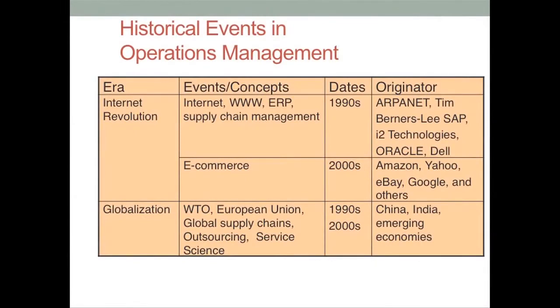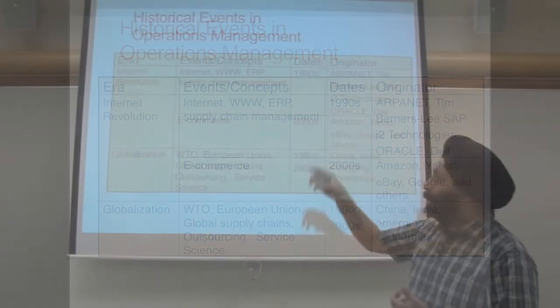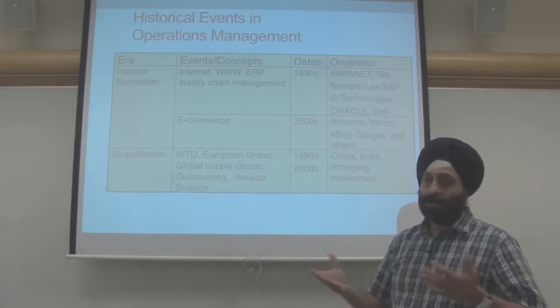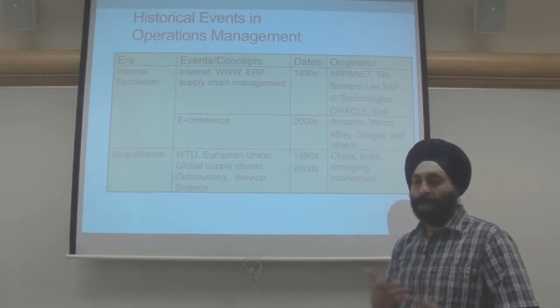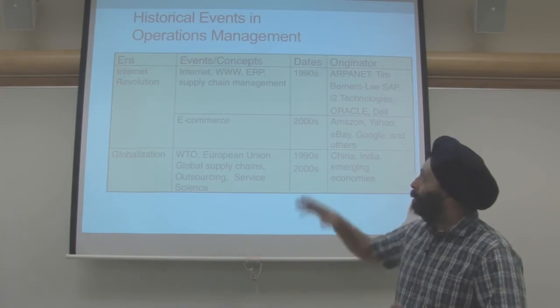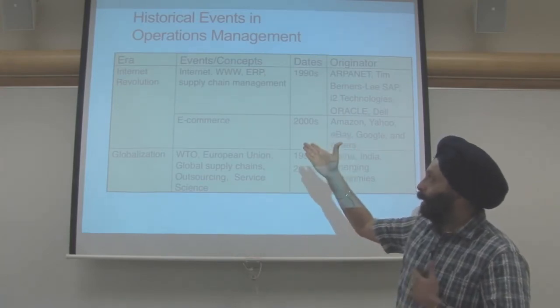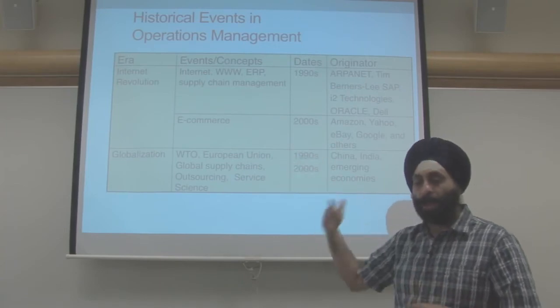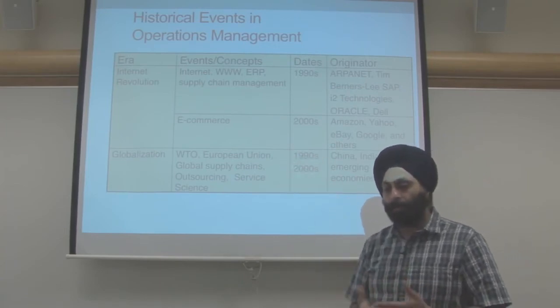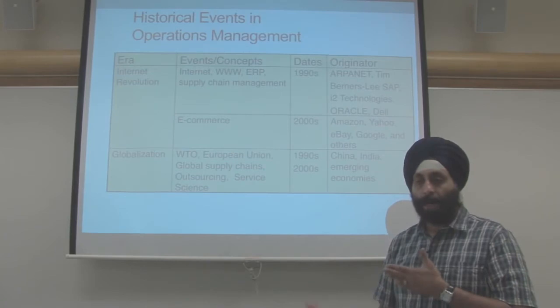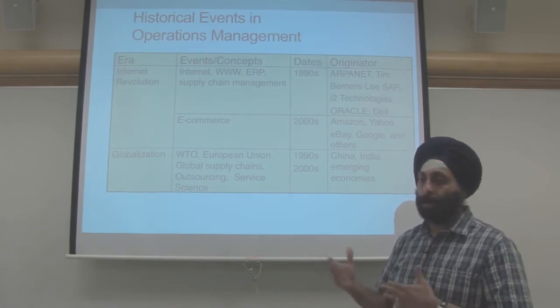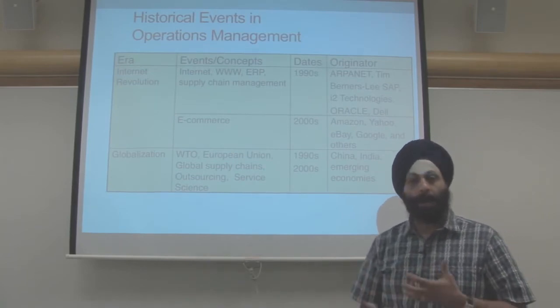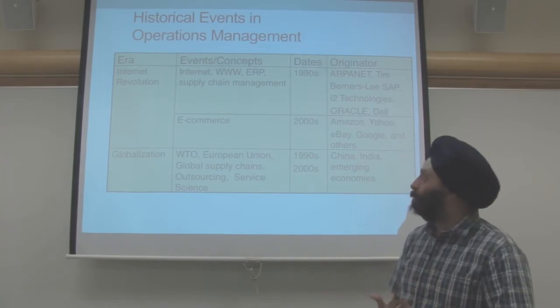Then the Internet revolution in the 1990s and 2000s offered us not just the infrastructure to have telecommunication with anybody around the world, but the World Wide Web and enterprise resource planning, so that all the tracking of orders, payments, etc., could be done through the enterprise information system that was created.